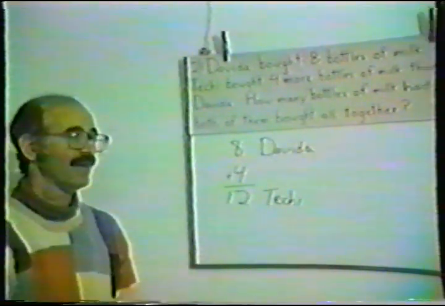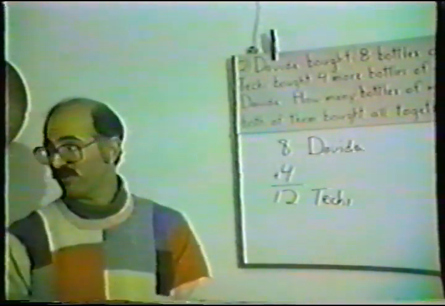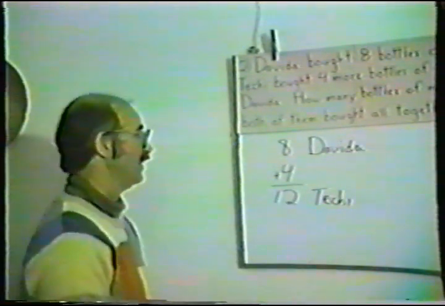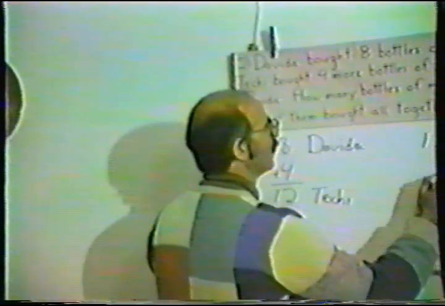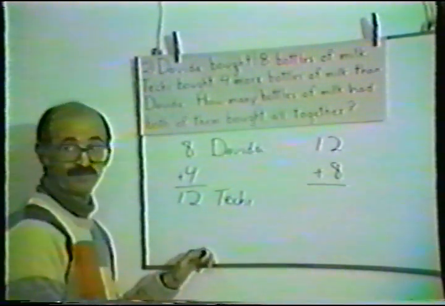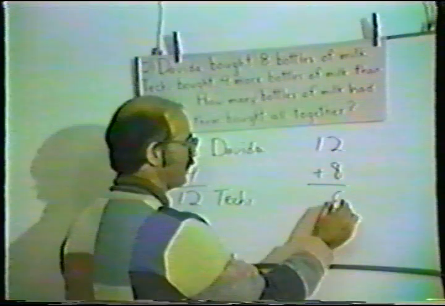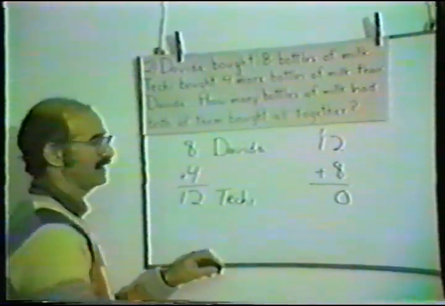Now the question asks, how many bottles of milk had both of them bought all together? So, what do we have to do with these two numbers, the 8 and the 12? We have to add them. 12 plus 8. 2 plus 8 is? 10. Put down the 0, carry the 1. 1 plus 1 is? 2.